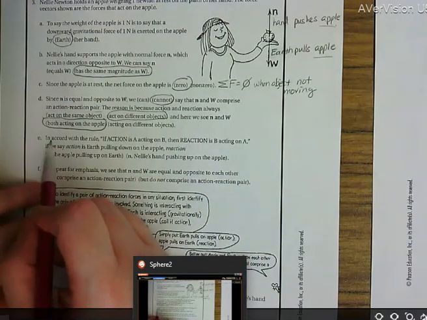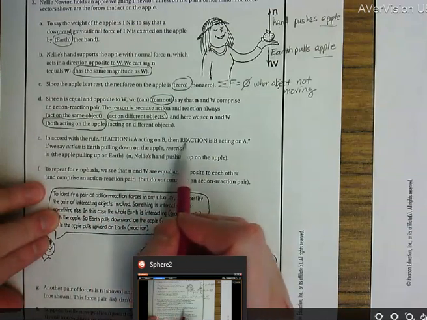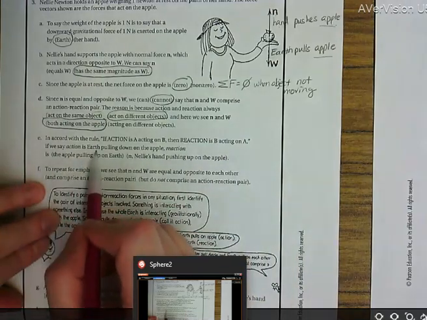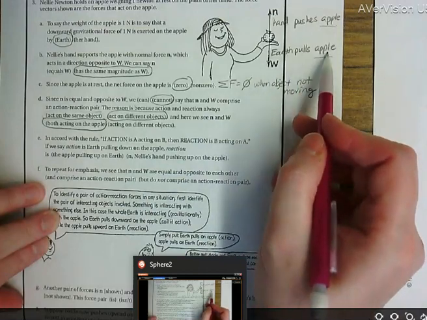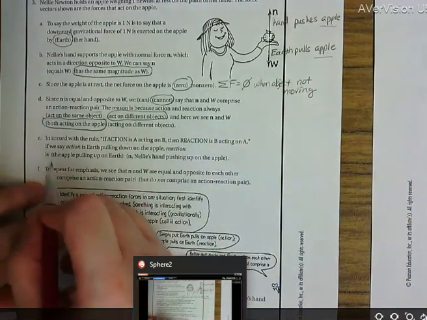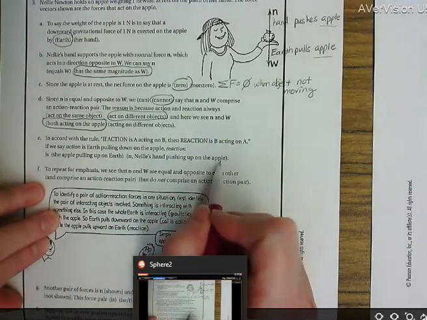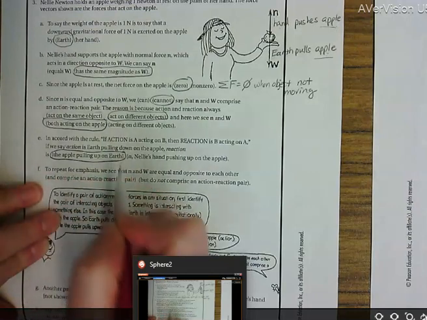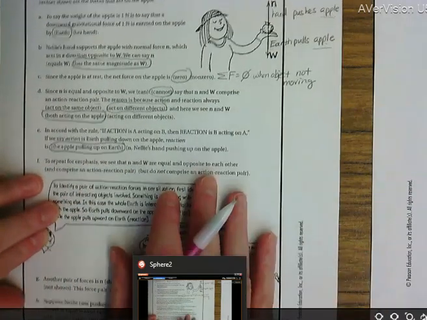So in accord with the rule, if action is A acting on B, then reaction is B acting on A. If we say action is earth pulling down on the apple, then the reaction is the apple pulling up on the earth, not Nellie's hand pushing up on the apple.